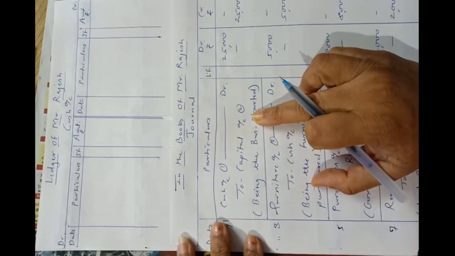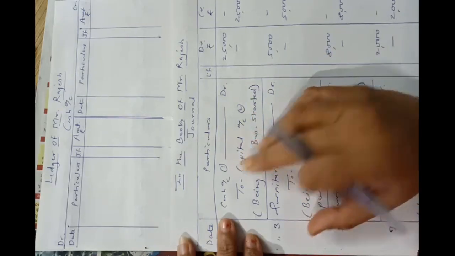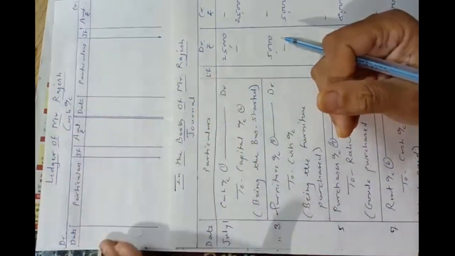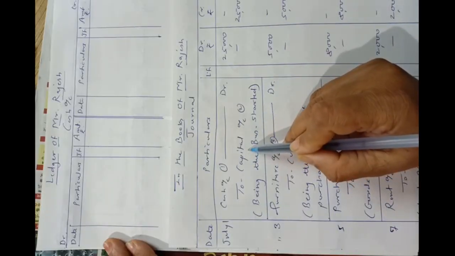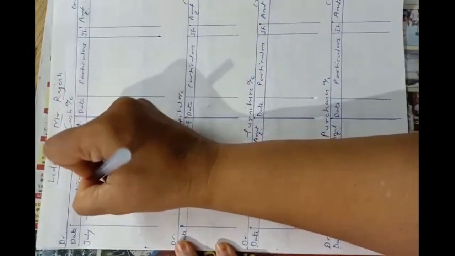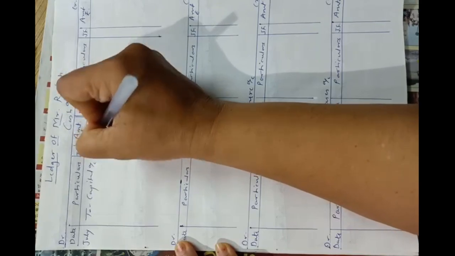Okay, so we have to write in the debit side of cash account the name of this account, that is capital account. So let's write on July 1st, debit side of cash account, to capital account, and the amount is 25,000. There will not be any number in the JF column because this is not the actual business.